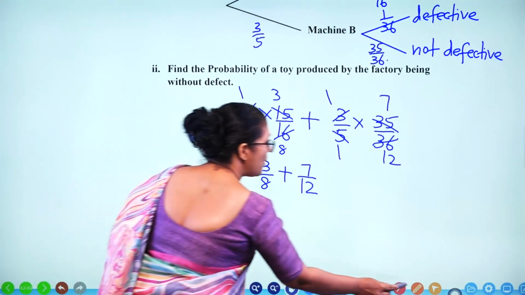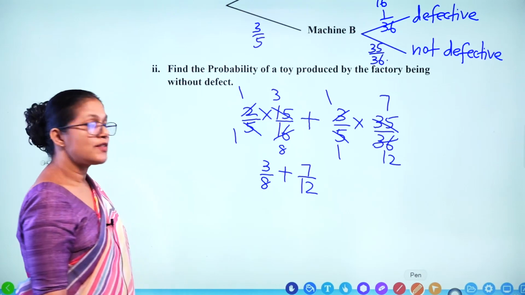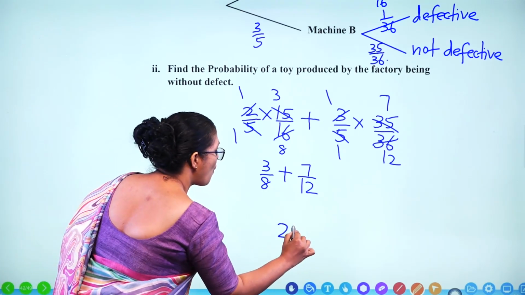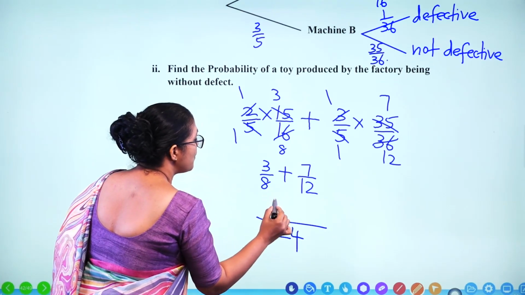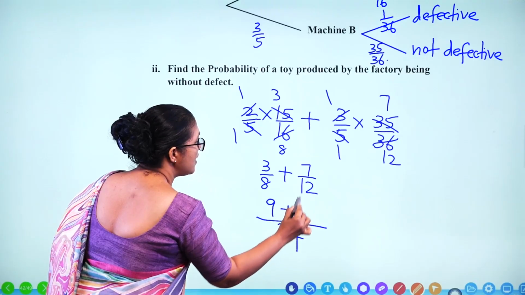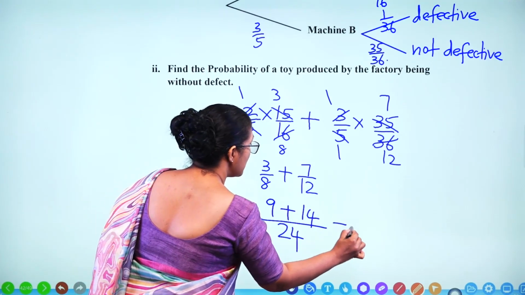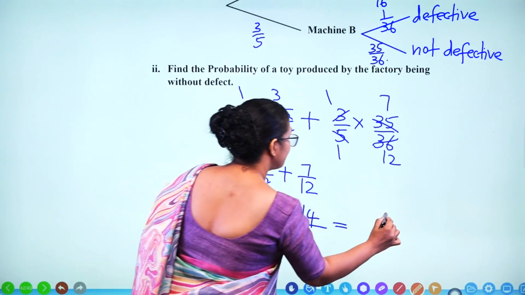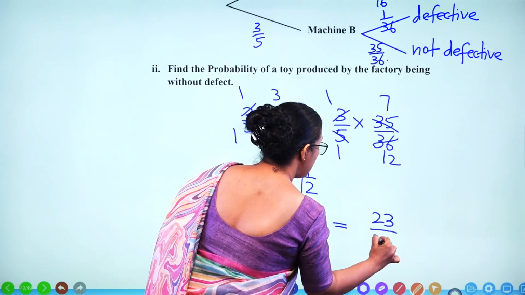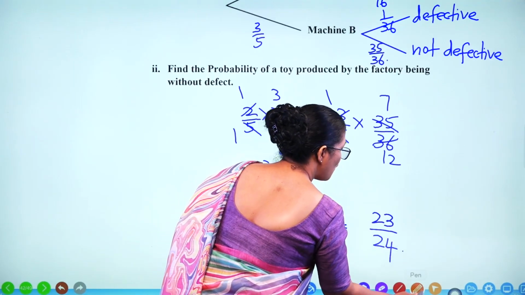3 over 8 plus 7 over 12. What's the lowest common multiple of 8 and 12? That's 24. Multiply this by 3. 3 times 3, 9. Here you have to multiply this by 2. 2 times 7, 14. Now add it. 23 over 24.